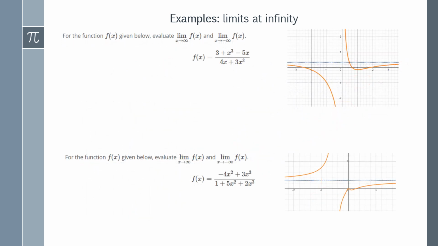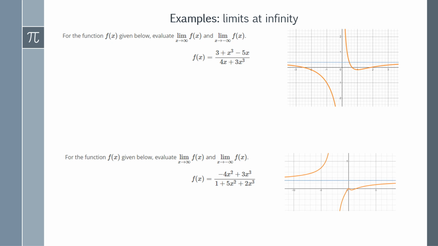All right, let's take a look at the next two examples where we have the same degrees on top and the bottom. So first we have f of x equal to 3 plus x cubed minus 5x over 4x plus 3x cubed. And notice that here I am using Desmos to graph my functions.